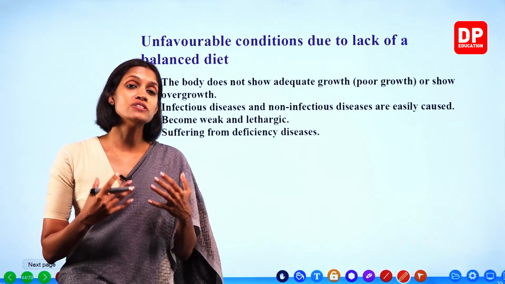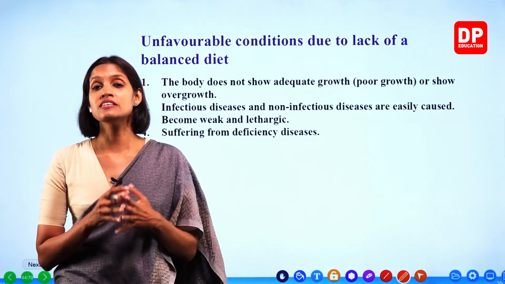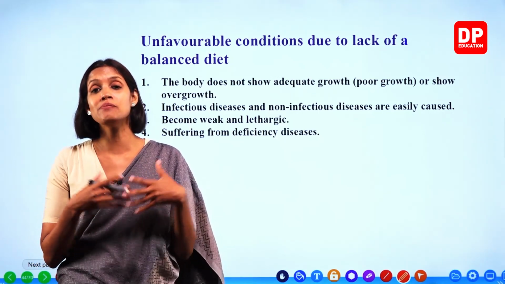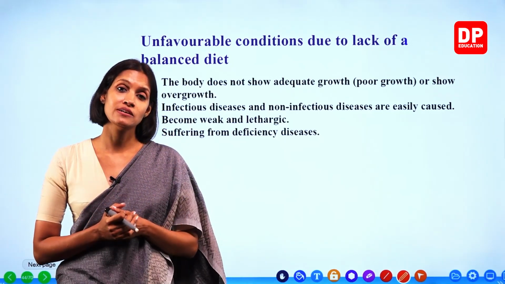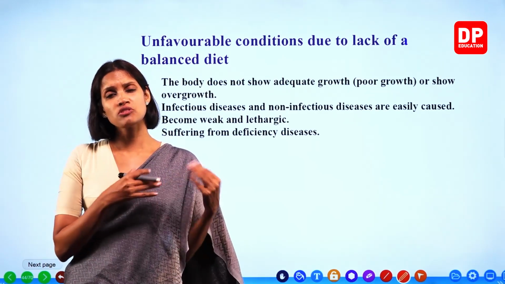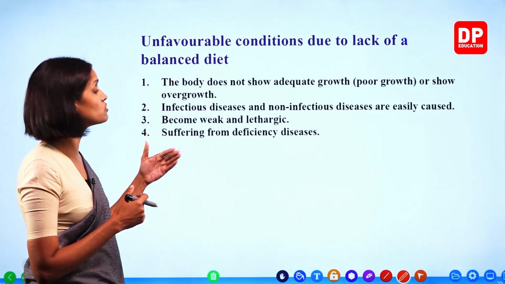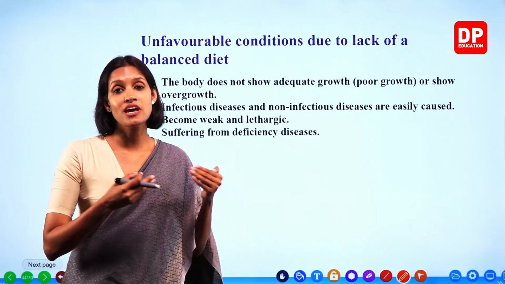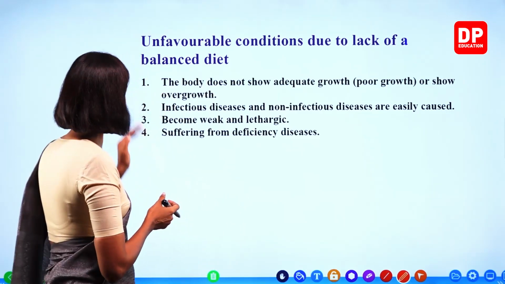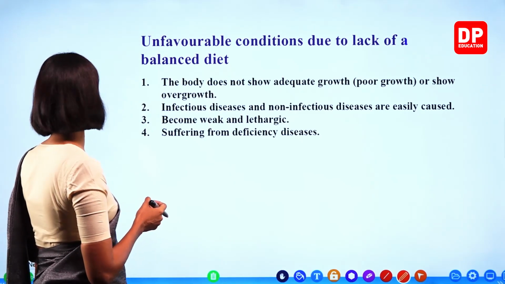And then when you don't take enough amounts of vitamin A, you will get a disease called night blindness. In dim light, you cannot see properly. Right? And another one called Bitot's spots. So there are a number of deficiency diseases, caused due to lack of vitamins and minerals. Okay, children? Right. So these are the unfavorable conditions due to lack of a balanced diet.